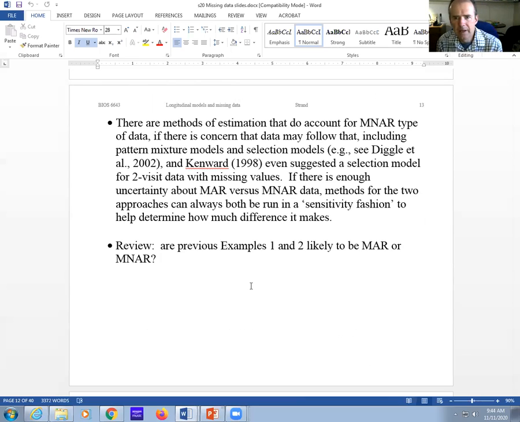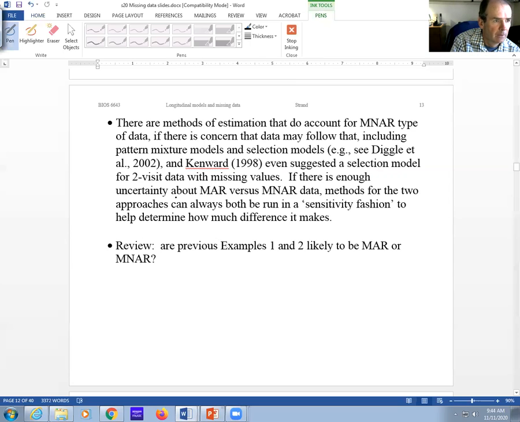So the one type of method that I've used for MNAR type of missing data, or making that assumption, is called pattern mixture models. This is the one that I'm familiar with.